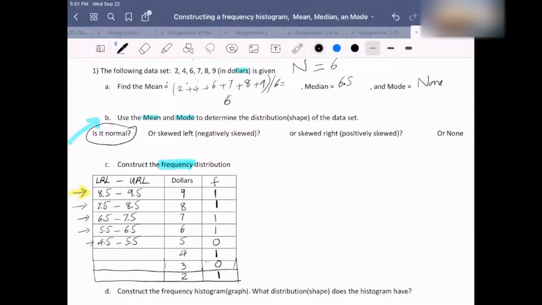And the next one, number 4. All right. How about number 3? All right, good job, everyone. 2, 3.5. And the last one.